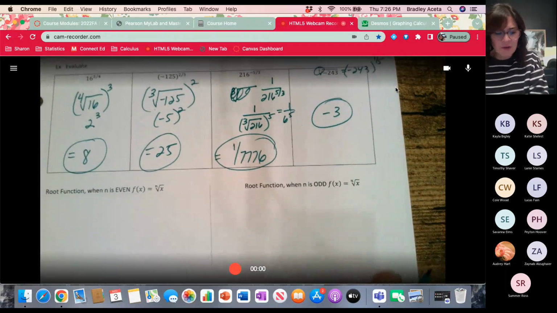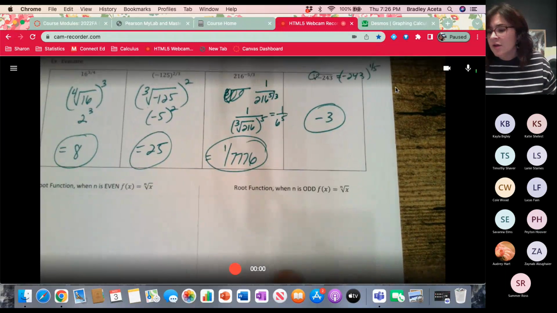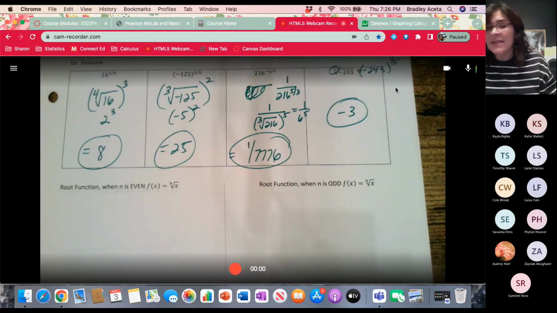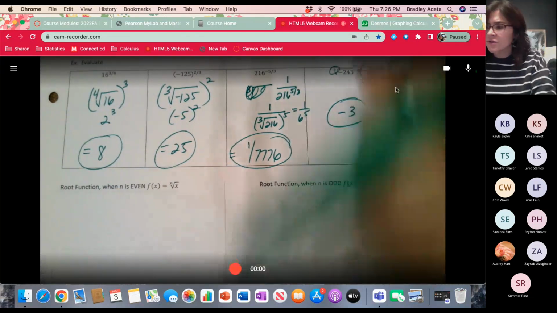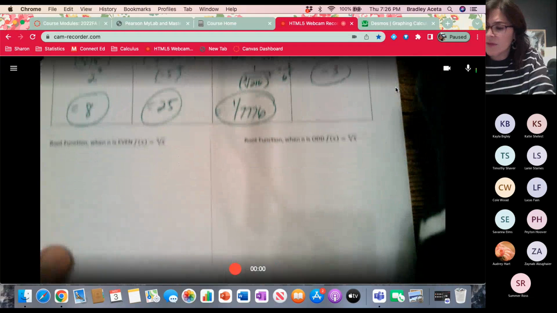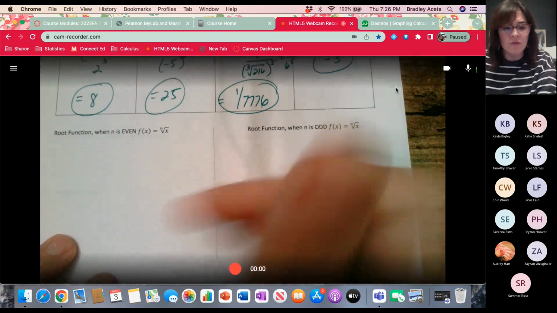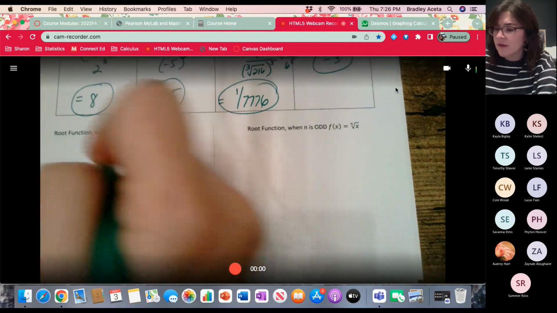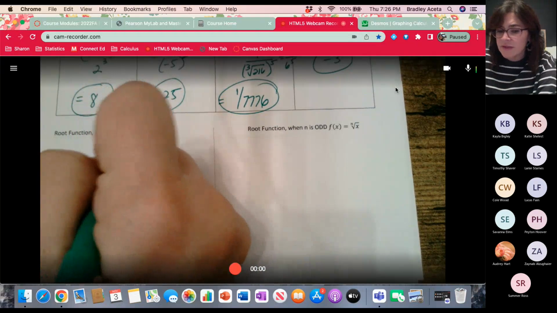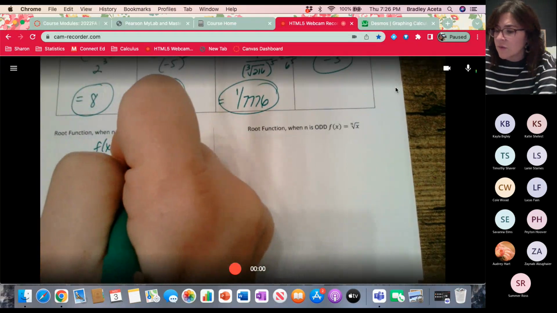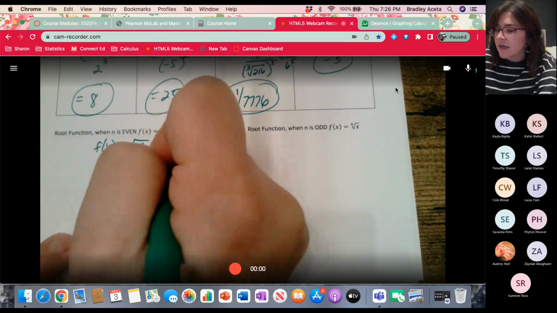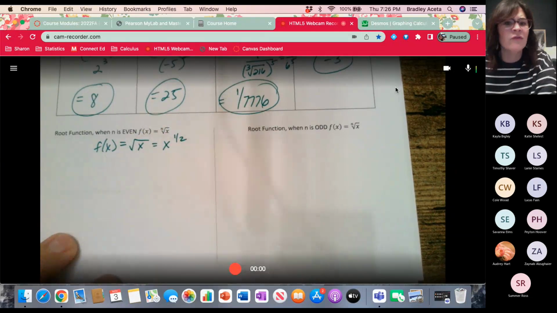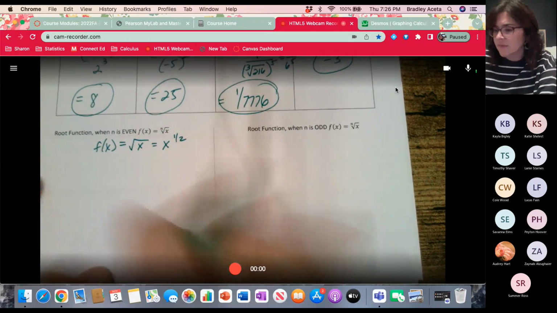Woohoo. All right, now let's talk about a root function graphically when n is even, as opposed to when n is odd. You probably remember this: think about what a square root function is. If f of x was the square root of x, or x to the 1/2, or the 4th root, what would that look like?